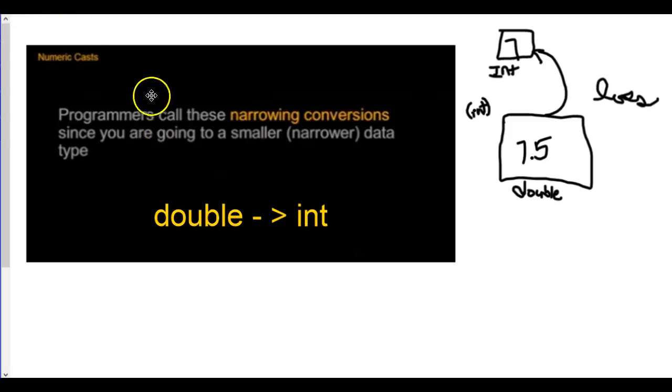So programmers, when they take a conversion and go smaller, like a double to an int, this is called a narrowing conversion. Java will not do this all by itself.